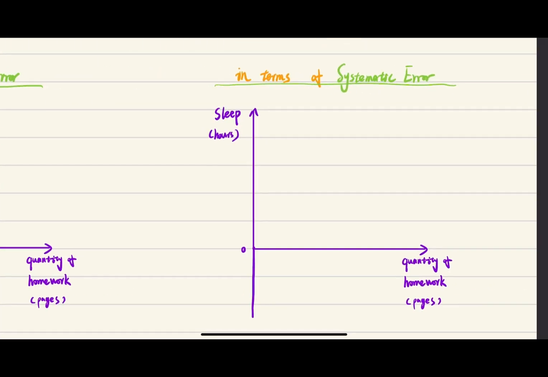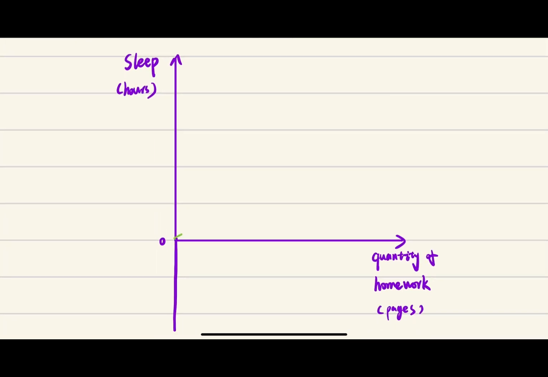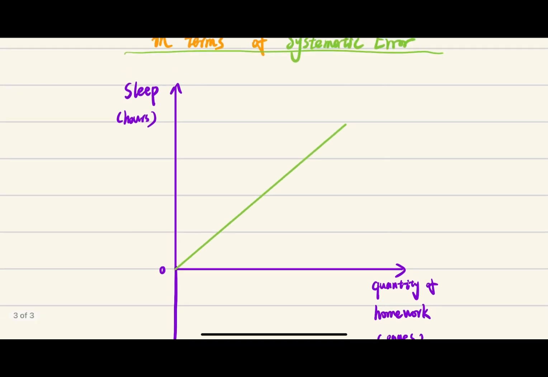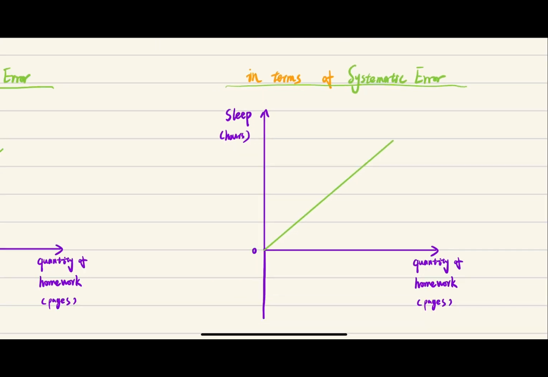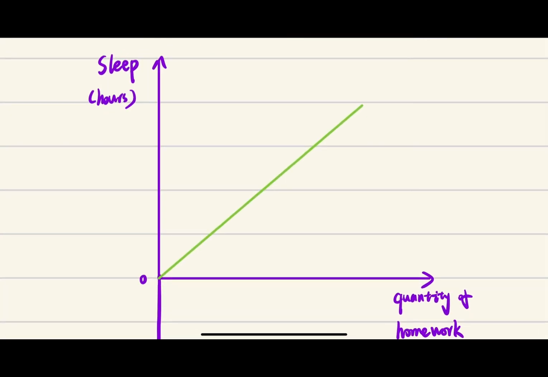And then, in terms of the systematic error, this is our theoretical line that passes through the origin. The systematic error is going to cause your measurements to be always higher or always lower. If it's always higher, it will be something like this. So the value that you are getting is this, and when you draw the line of best fit for this series of data, it's going to be like this.